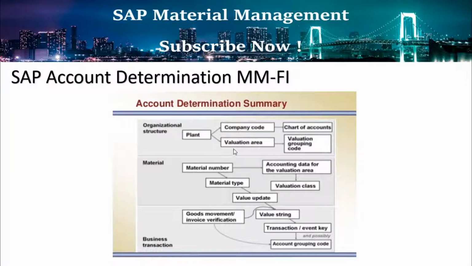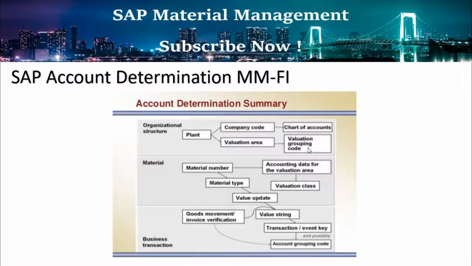And then in MM, we have the valuation areas. Technically, we can have valuation areas at company code level or at plant level. But normally, we will use a valuation area at plant level. So different plants can have different valuations for the same materials.